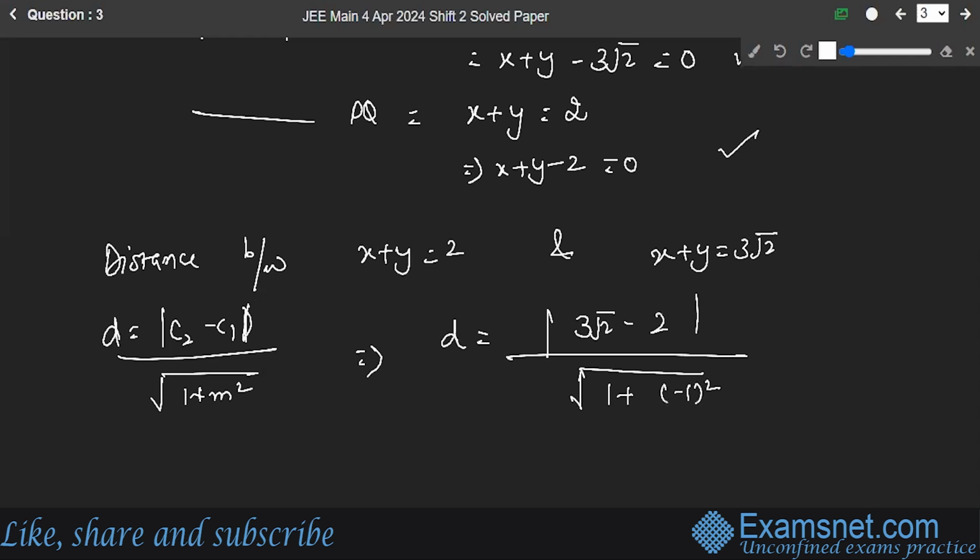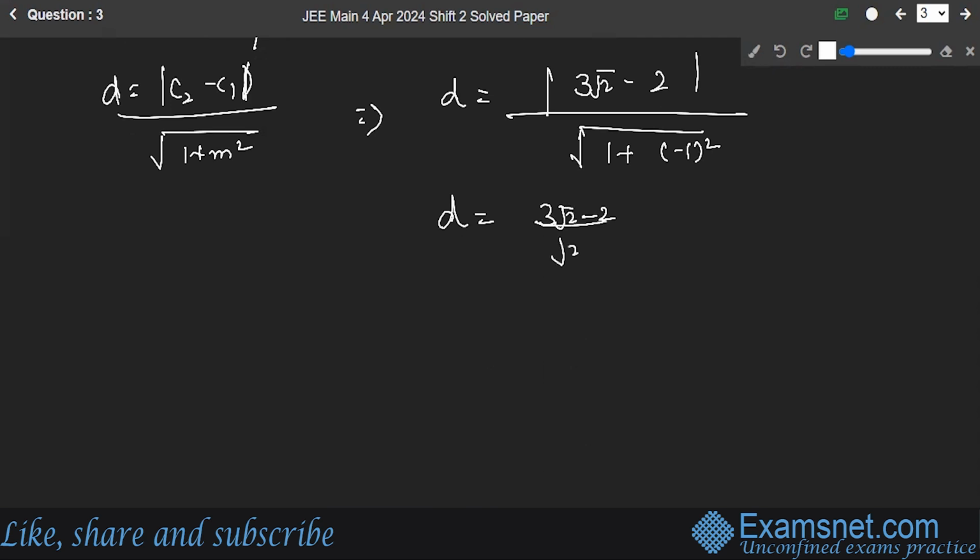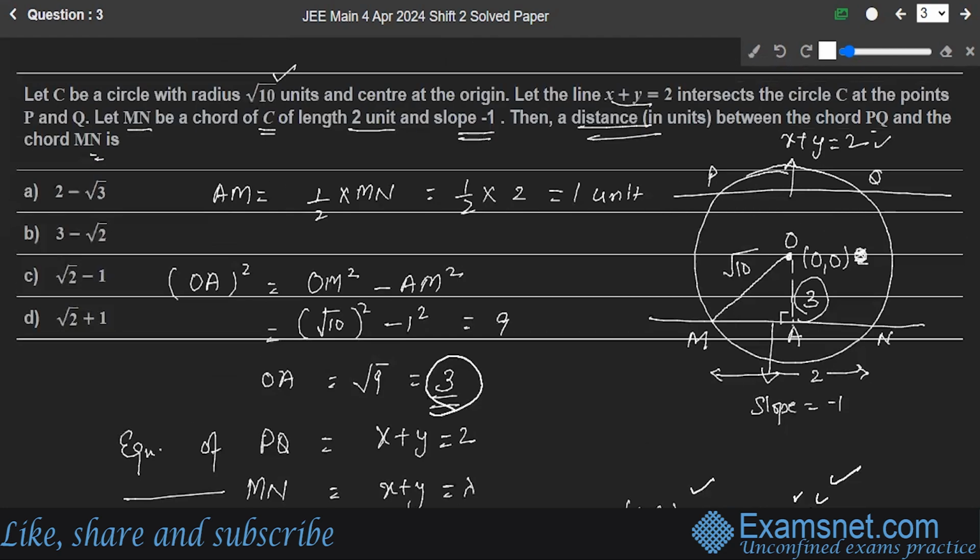We are given in the question that the slope is equal to minus 1, and you can see it from here itself, both of them have the slope of minus 1. So D is equal to 3 root 2 minus 2 upon root 2, which gives me the answer, 3 minus root 2. That is your B option, right? Hope you're clear with this.